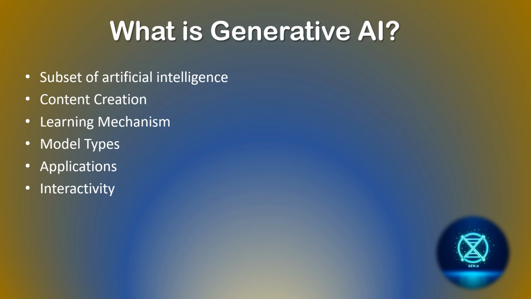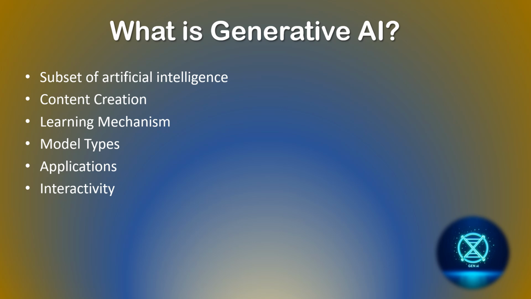Okay, learning mechanism: basically it uses ML techniques, particularly neural networks, to analyze large data sets and understand the underlying structures. On top of those learnings, it comes up with new content based on what we are asking.